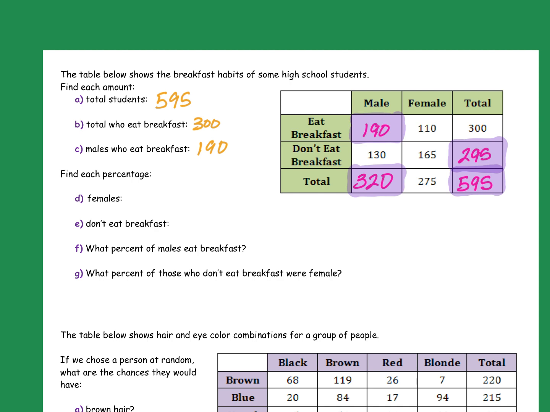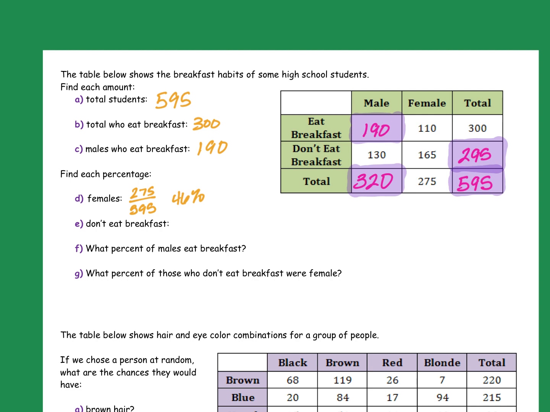It said what percentage are female, so that would be 275 divided by 595. 46%.